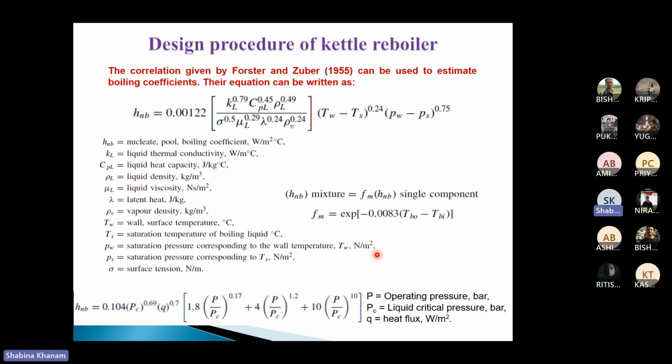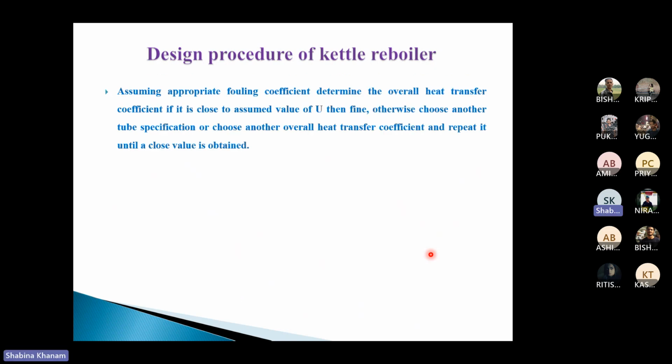You can find the heat transfer coefficient in that way, as you did in the condenser, and the shell side in this way, then you can find the overall heat transfer coefficient. If it is within plus minus 30%, you can proceed. Otherwise, you need to choose another tube specification. Otherwise, you can also replace it. There is no problem. You replace the assumed value with the calculated value.